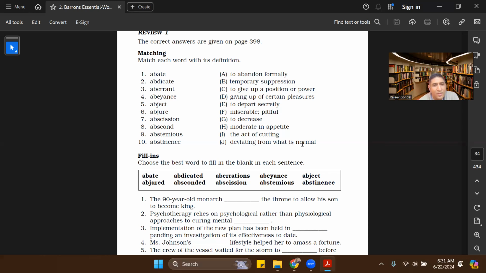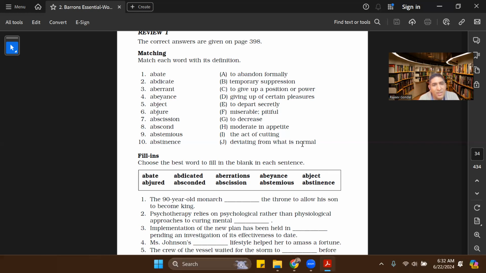Abscond is to run away with money, like thieves abscond. So that should be to depart secretly. Abstemious is someone who is not indulging in any kind of pleasures.